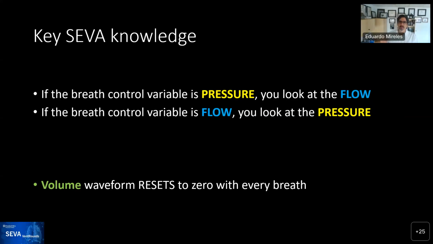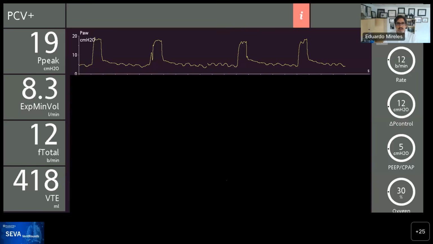If you look, the mode is up here on the left upper corner, and you can see the type of mode or the commercial name of the mode. And I would ask Rob, if you look at this waveform, Rob, are you concerned? Is there anybody concerned?